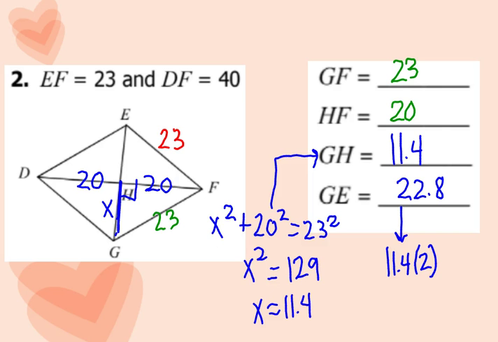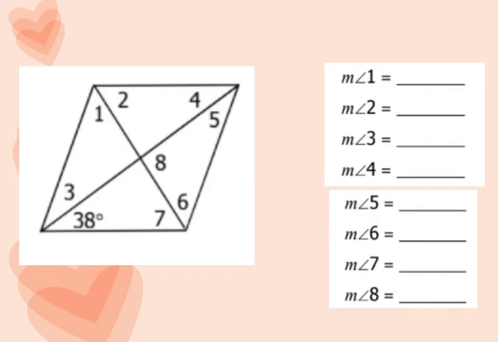Okay, let's try angles. How many different kinds of angles should I get? 3. Let's start with the easy one. What's always in the middle of a rhombus? 90, so let's just write those in. Now we're told this guy right here is 38. So which other angles would be 38?